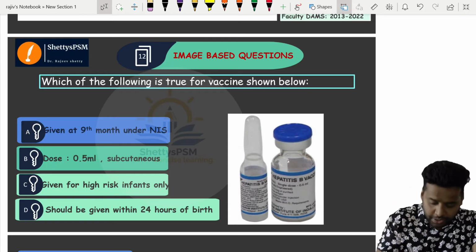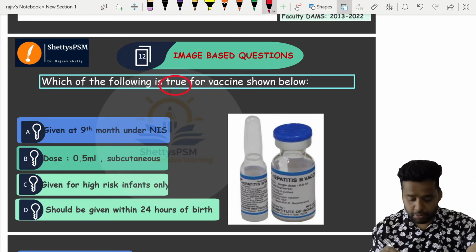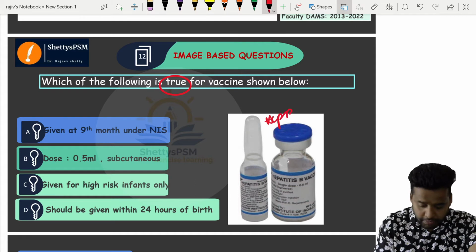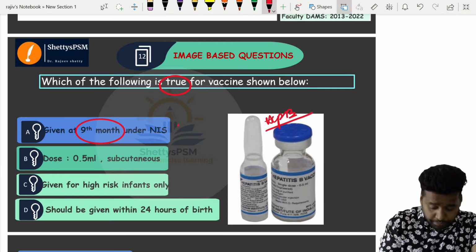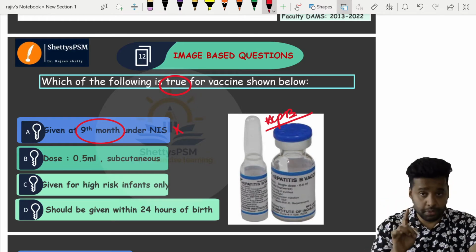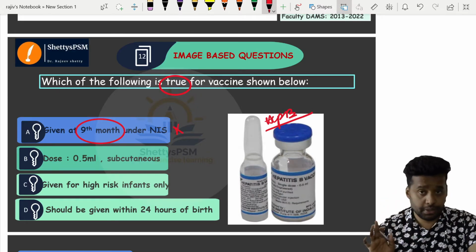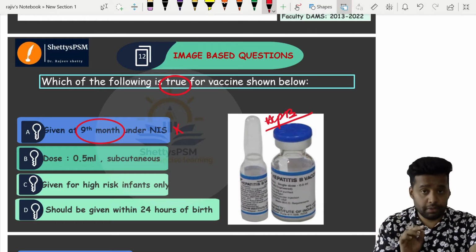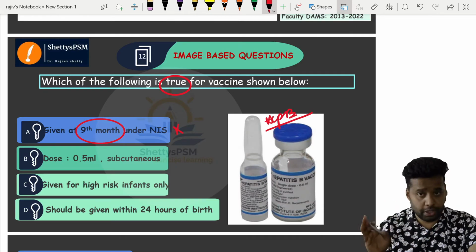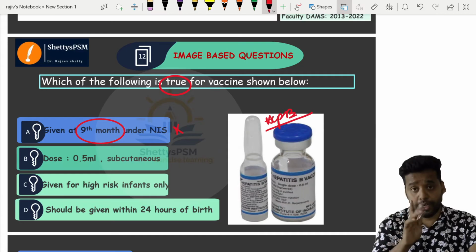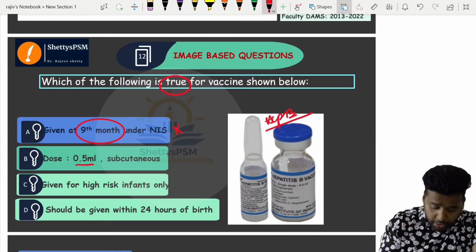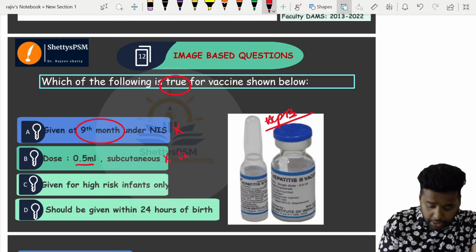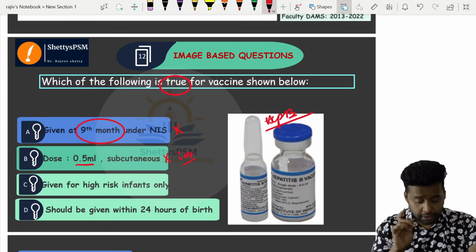Which of the following is true for the vaccine shown below? Hepatitis B vaccine, very important. Given at 9th month? No. It is given at birth within 24 hours and also as a part of pentavalent vaccine at 6, 10 and 14 weeks. 0.5 ml subcutaneous, no. It is given by intramuscular route at birth.